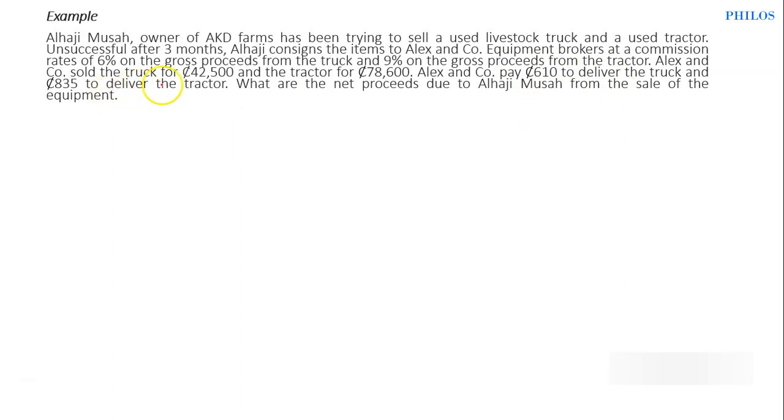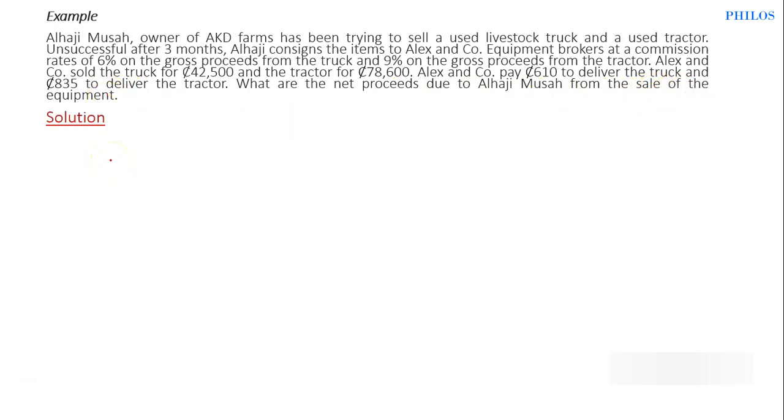Alex & Co. sold the truck for 42,500 cedis and the tractor for 78,600 cedis. Alex & Co. paid 610 cedis to deliver the truck and 835 cedis to deliver the tractor. What are the net proceeds due to Alhaji Musa from the sale of the equipment?